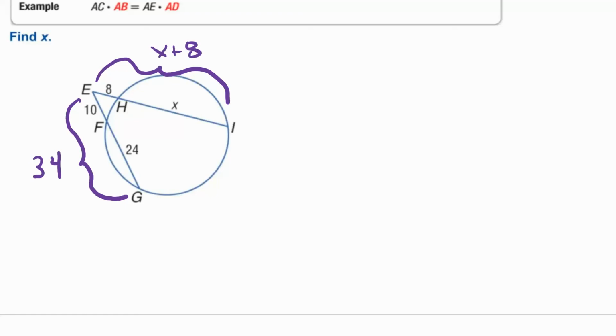So according to the theorem, the length of the entire segment times the length of the portion outside, so EI times EH would equal the length of the entire segment times the portion that lives outside of the circle.